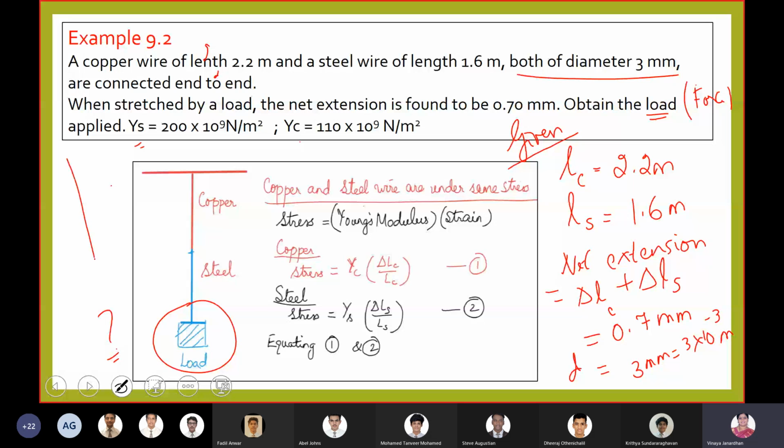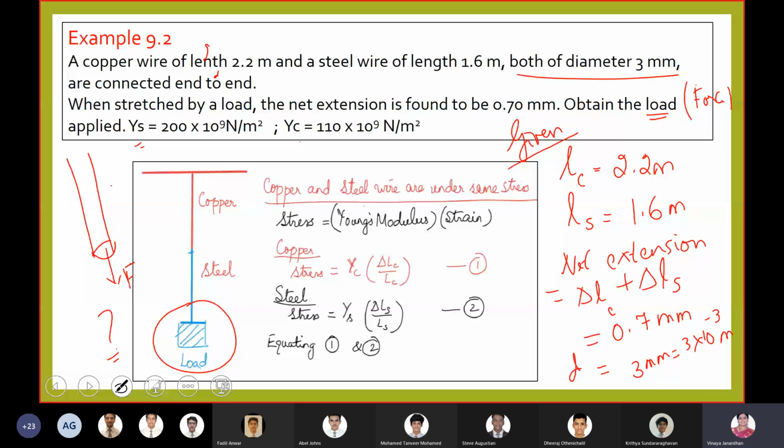Suppose I have a wire, the force which acts perpendicular to the surface per unit area, we call it stress. Both wires are connected together and have the same diameter, so the stress undergone by both wires is the same. So now how will you equate?